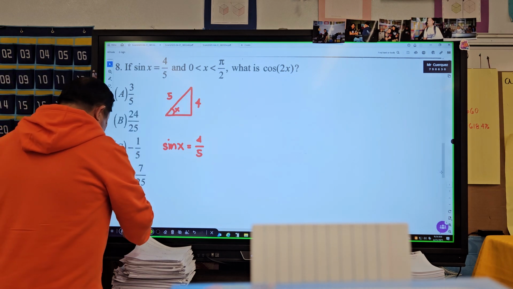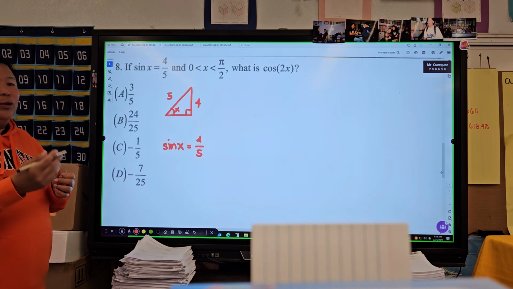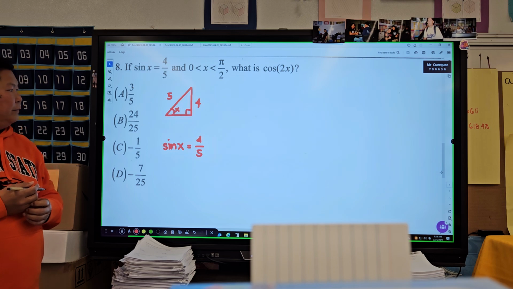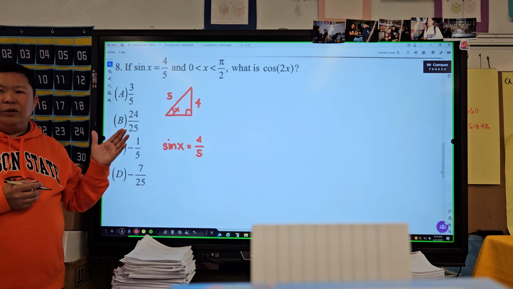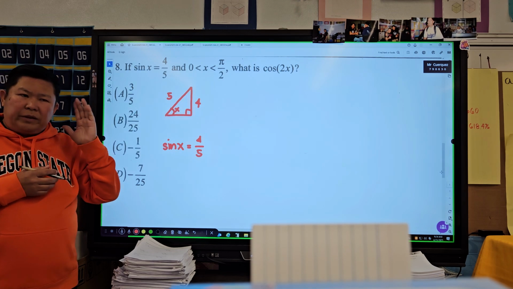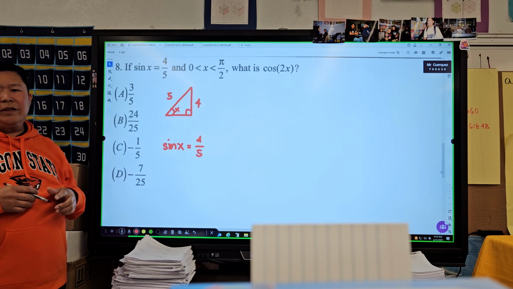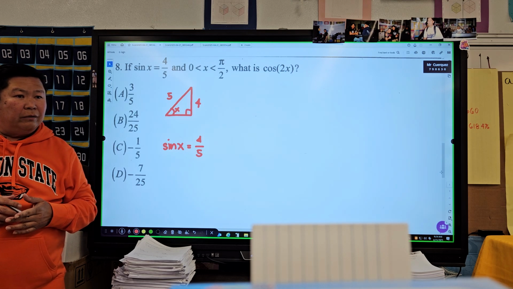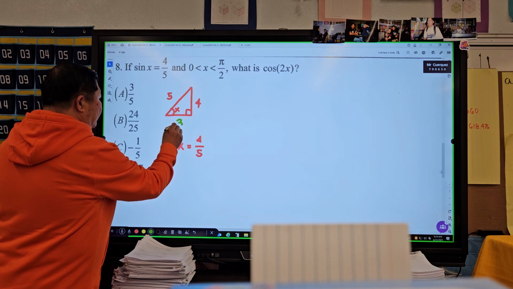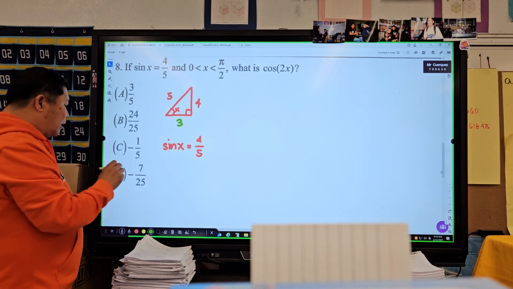This is a right angle, okay? No need to show you the Pythagorean theorem. We had it last time during geometry, and this is the 3, 4, 5 triangle. That means this is 3.